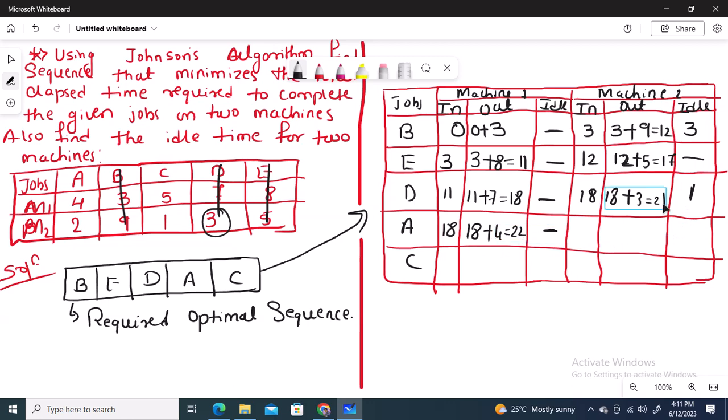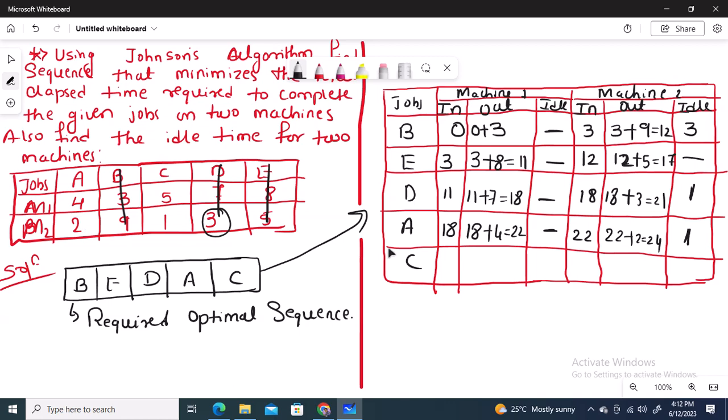Closing time is 21 hours for job D, but the opening time for job A is 22. So machine 2 has to wait 1 hour again. 21, this is 22. So 22 plus what is job A for machine 2? 2 hours. So it is 24.